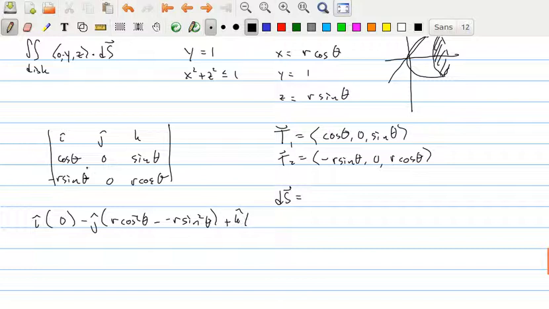And then in the k component, we've got 0 subtract 0, which is 0. So if we simplify this, the i and the k are gone. In here, we can cancel these minus signs, factor out the r, and this gives us r j. And now this was ds, so we have r j dA.